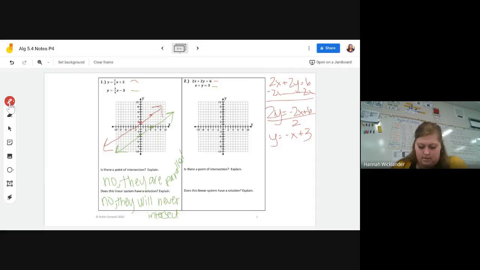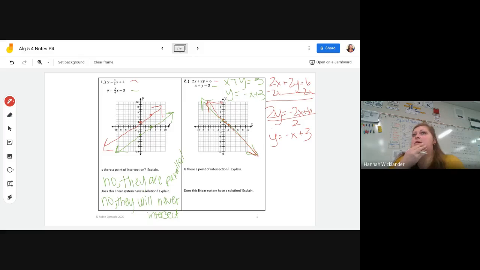Okay, and then the green one becomes y equals minus x plus 3. Okay, so now I'm going to graph these. I have minus x plus 3, so it'll start at 3. And then it's going to go down 1, over 1, down 1, over 1. And then my red line is the same exact line. It starts at 3, goes down 1, over 1, down 1, over 1.